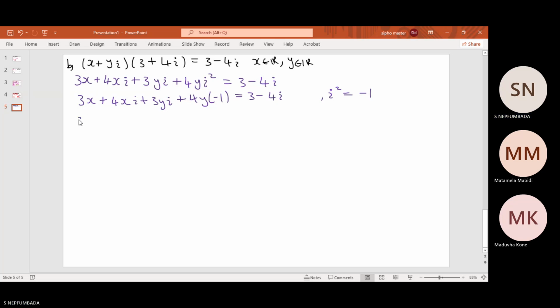Then we group the one for the real, and we group the one for this one, but there is a common factor here. Did you get it?